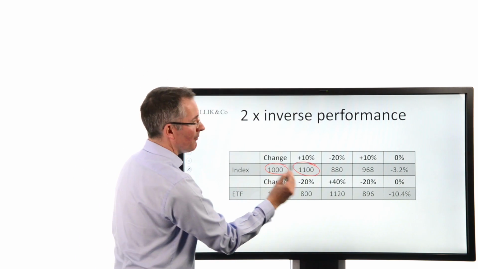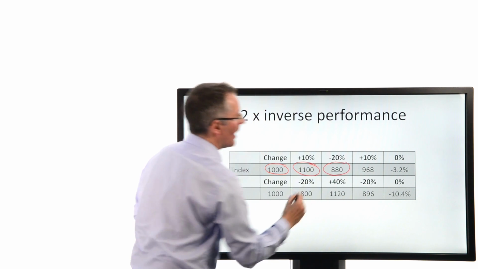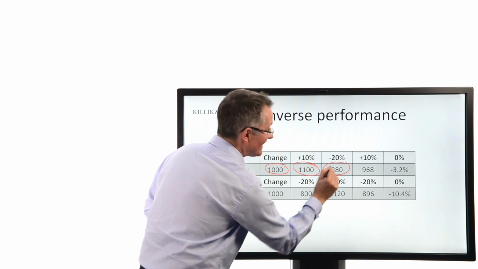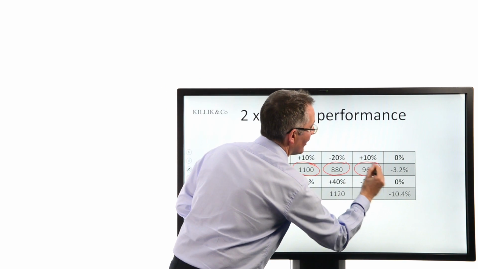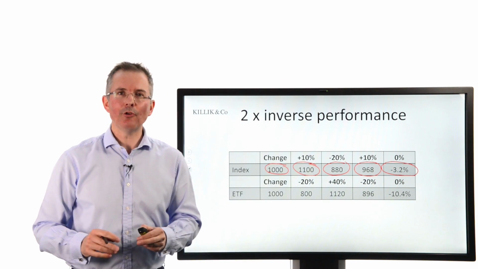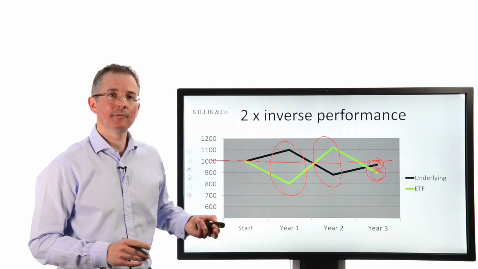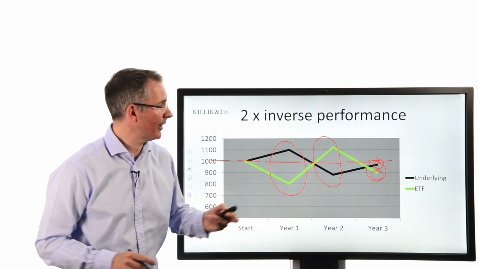Down 20% from there, repricing as we go along, would be 880. Up 10% based on that 880 would be 968. So the index actually hasn't moved by 0. Just be careful on that one. It's down 3.2%, which is what I tried to show back here, slightly below the 1,000 starting point.